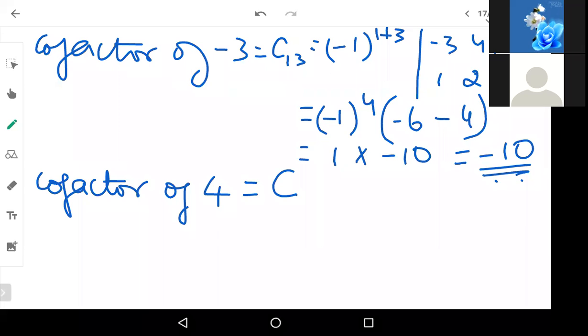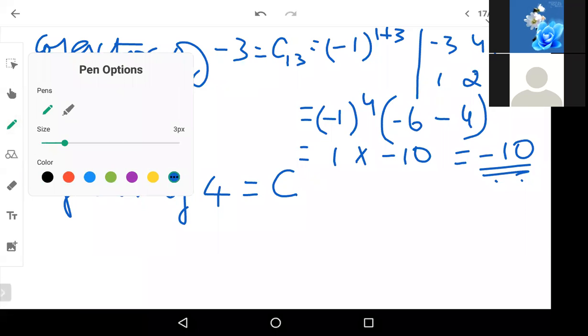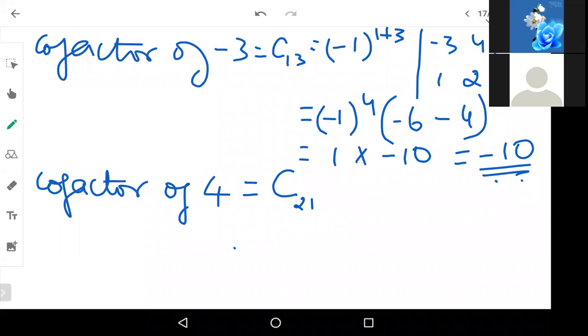So the cofactor of 4 is going to be second row, first column. So minus 1, 2 plus 1 and the minor. What will be the minor? 1. Second row. This is for 4. Yeah.